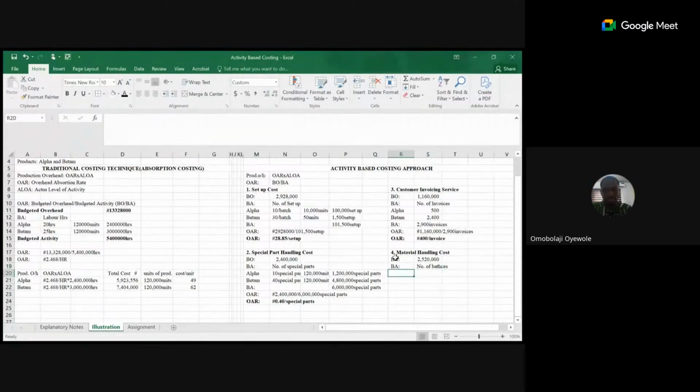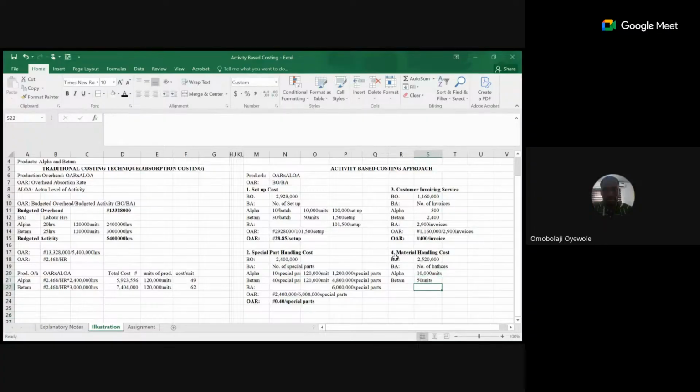So for alpha and for beta, the number of batches for alpha is 10,000. Then for beta is 50. Yes.